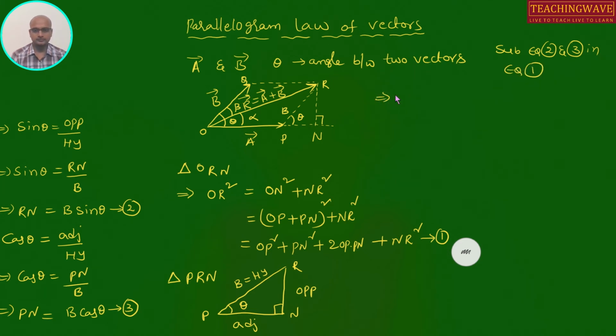That implies OR square is equivalent to (OP plus PN, that is B cos theta) whole square, plus the square of NR, or RN, which is equivalent to B sin theta.